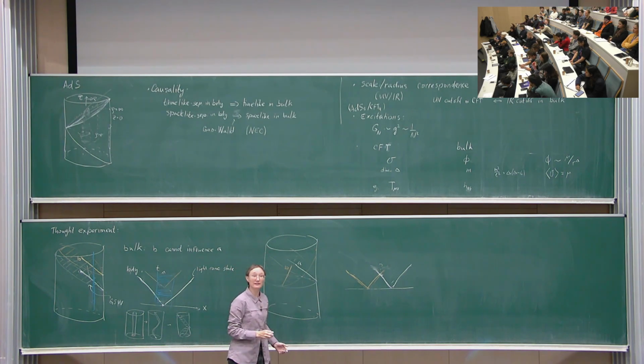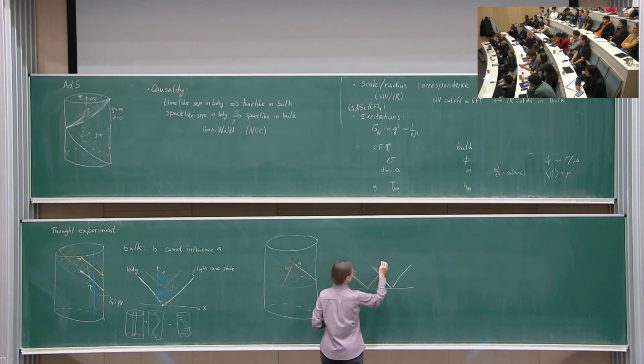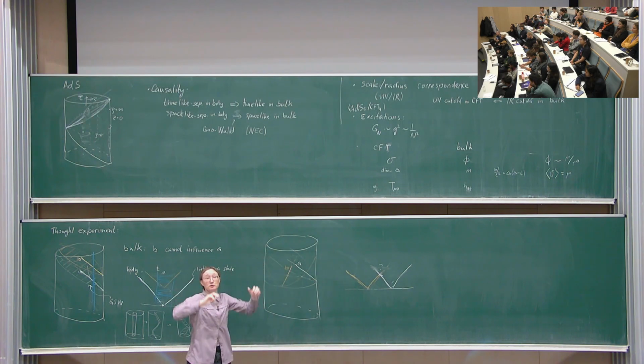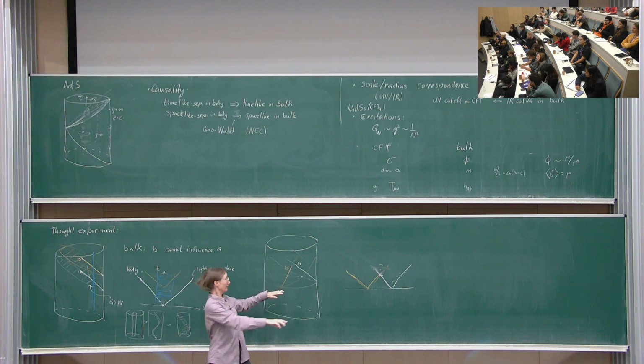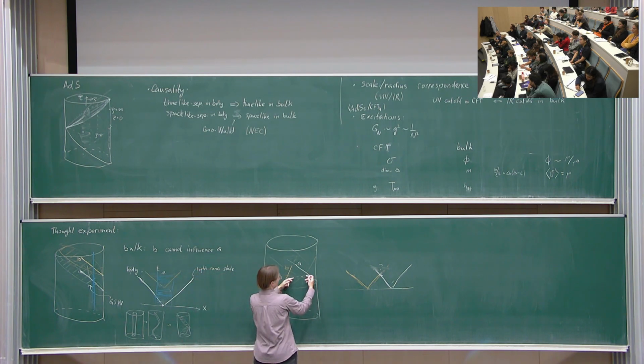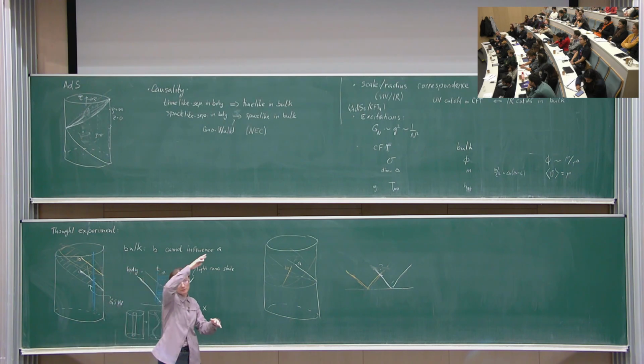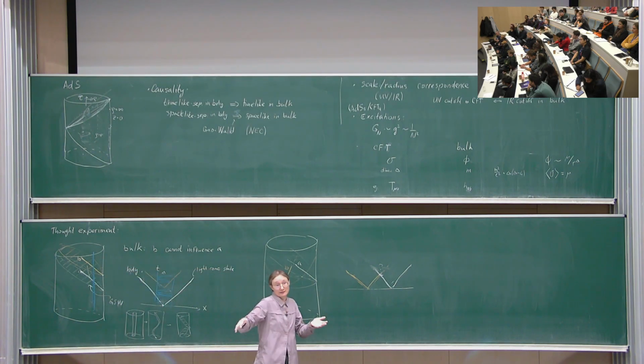You can solve it numerically, but it no longer has this nice pure form. Before they hit each other, both here and here, because the shock waves are propagating in pure AdS, they look like the single shock wave.